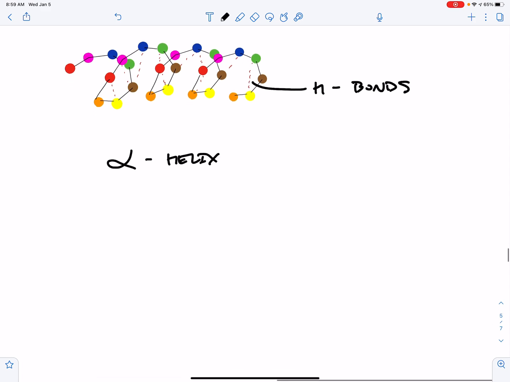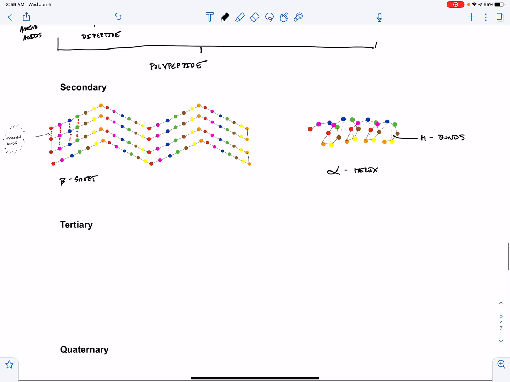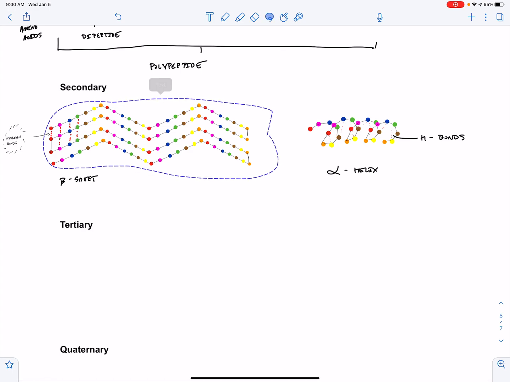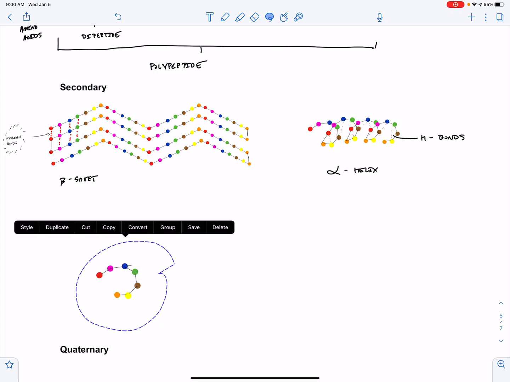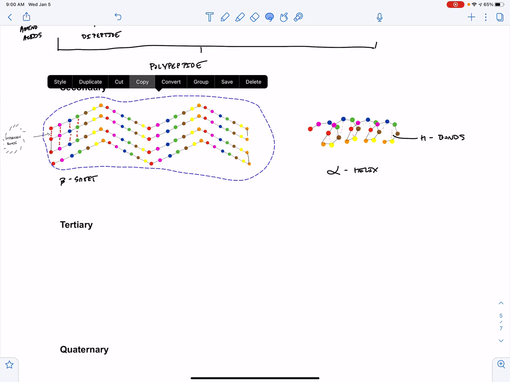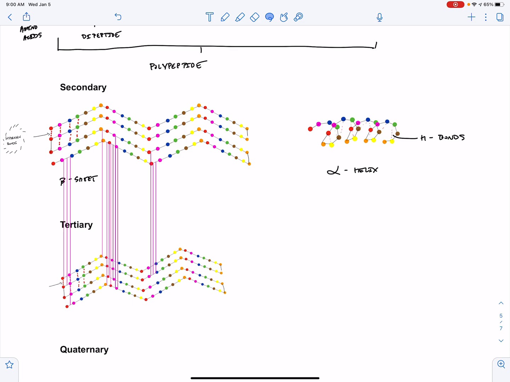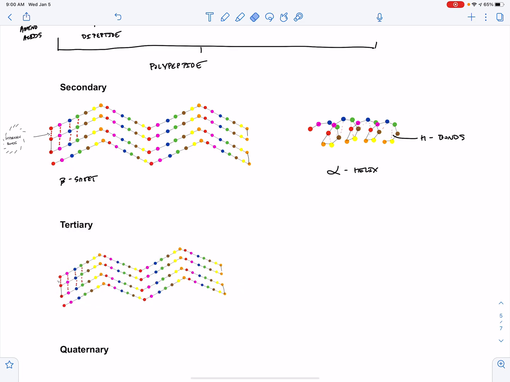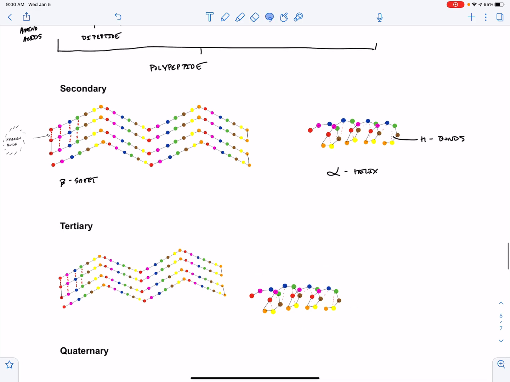Okay, tertiary structure is when you take a secondary structure, so a motif like a beta pleated sheet, and you mix it up also with another motif like an alpha helix.